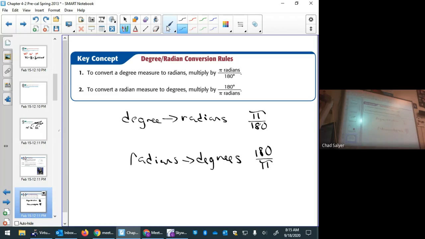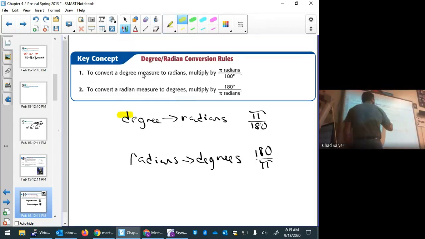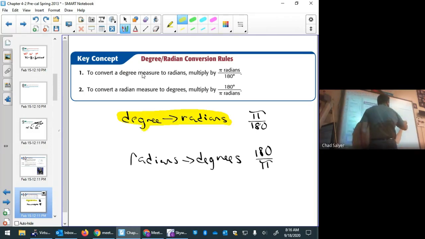So when I go from degrees to radians, I multiply by pi over 180. When I go from radians to degrees, I multiply by 180 over pi. So very important. Once again, this will be a quiz and a test question. One you absolutely should not miss.